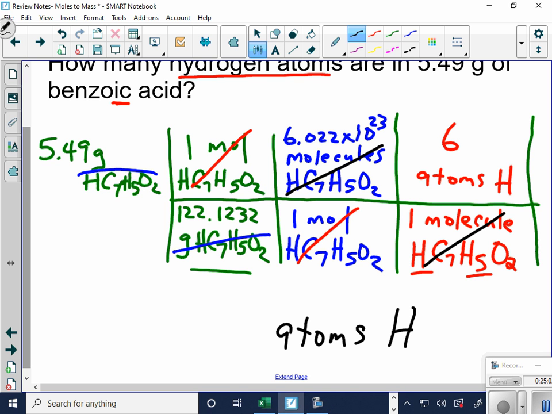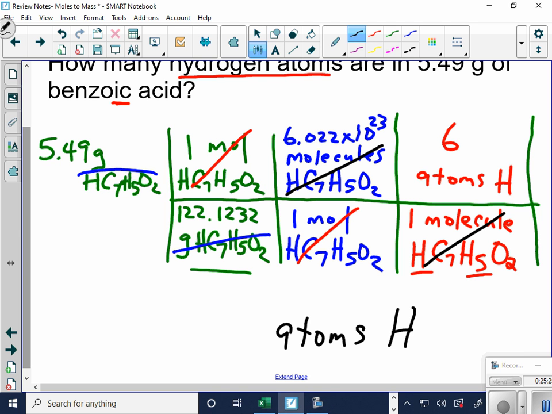So when I do my math, multiply by top, divide by bottom, I'm going to take 5.49. I'm going to multiply that by Avogadro's number. I'm going to multiply that by 6. I get an answer. Then I'm going to divide that by 122.1232.